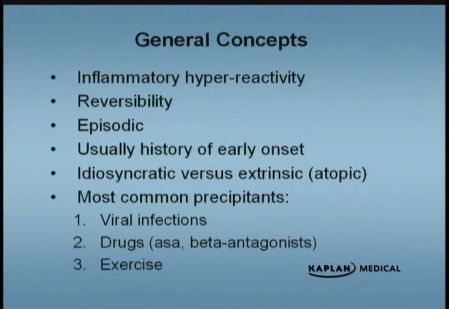Now, a lot of our patients, that's why this breakdown into idiosyncratic versus extrinsic asthma has fallen a little bit out of favor, just because in all our patients we look for allergens, we look for other things. Most of our patients have a little bit of both.